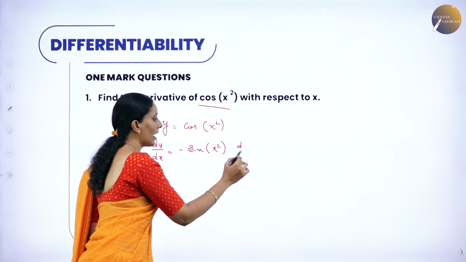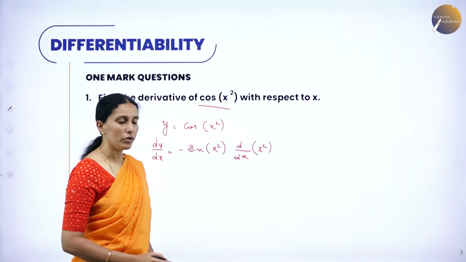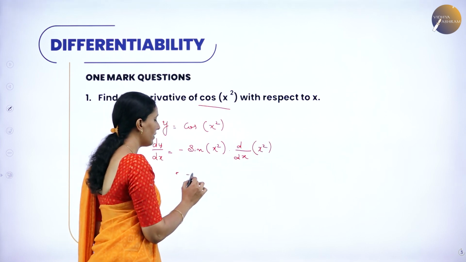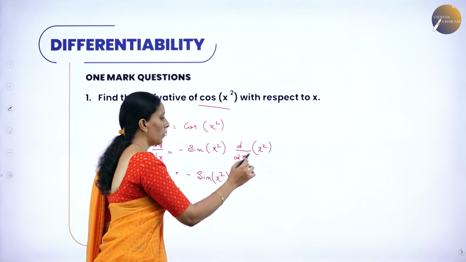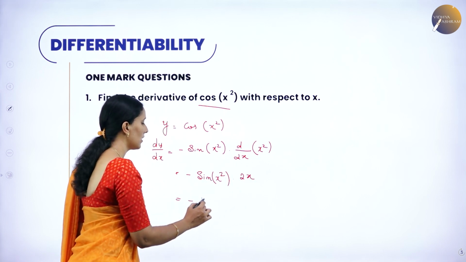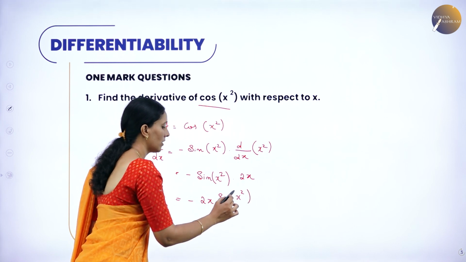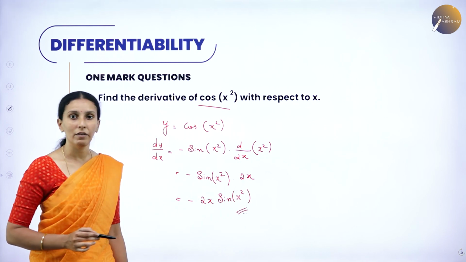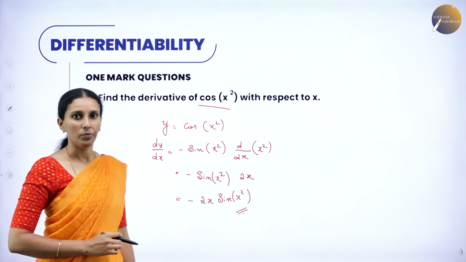Again we have to derive x square because it is a composite function, so using chain rule, once you derive it, we get minus sin x square. What is the derivative of x square? It is 2x. Or you can write it as minus 2x sin x square. So this is the derivative of the given function. Whenever a composite function is given, use the chain rule.